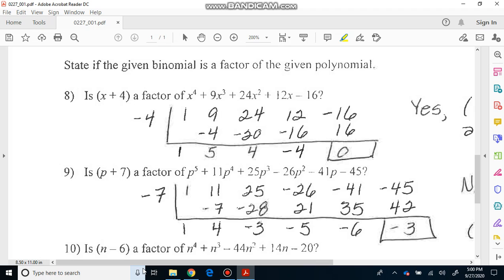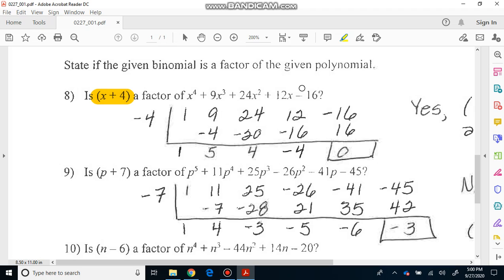So in question 8, is x plus 4 a factor of this polynomial? Okay, so the first step is to make sure that the polynomial is in standard form, which means I'm looking at the exponents and I arrange them from the biggest to the smallest.